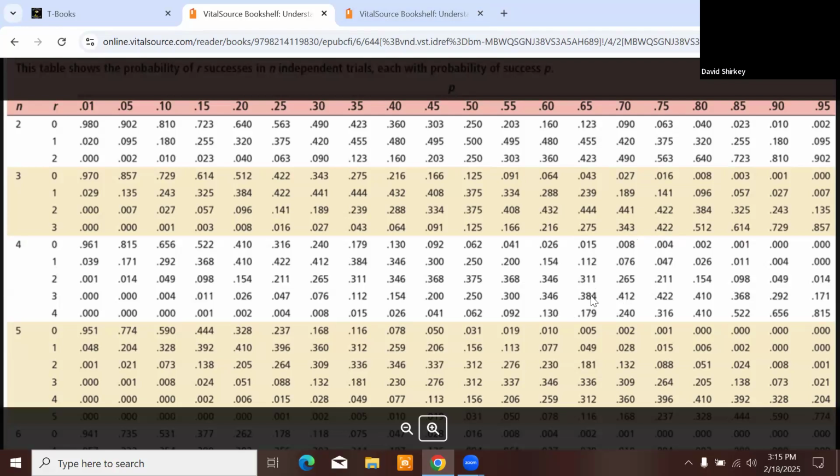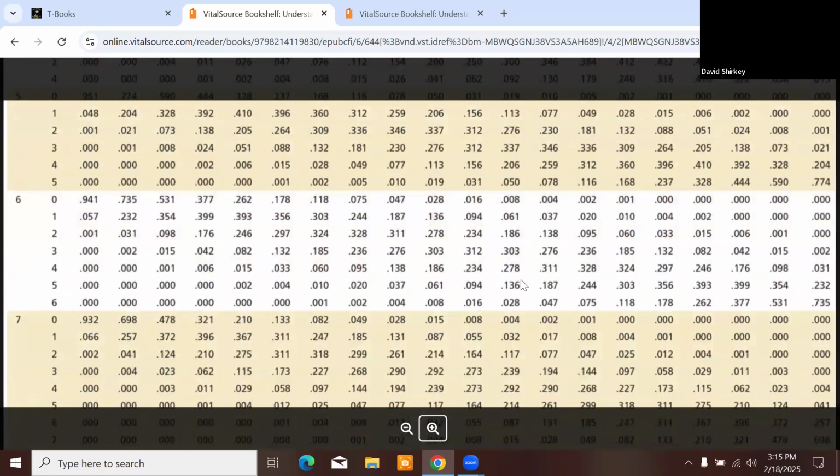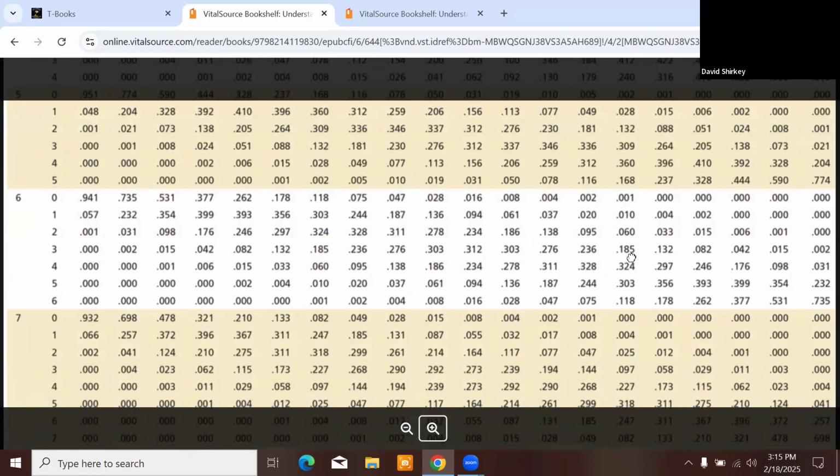So 1 minus these probabilities from 0 to 1 to 2 to 3, and see if they are at least 95%, greater than or equal to 0.95. If you subtract the sum of these from 1, you don't get 0.95. So you would go down to where N equals 5 and see if that works, and it doesn't. You'd go down to N equals 6 and see if 1 minus the probability of 0, 1, 2, or 3 works for those, and it doesn't.